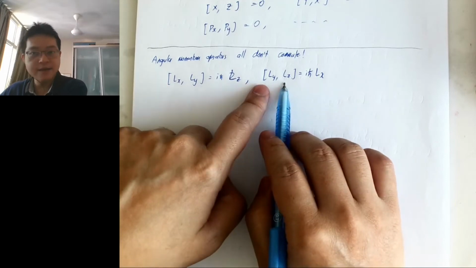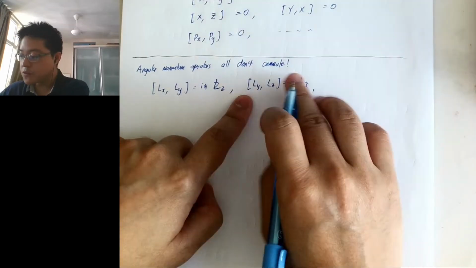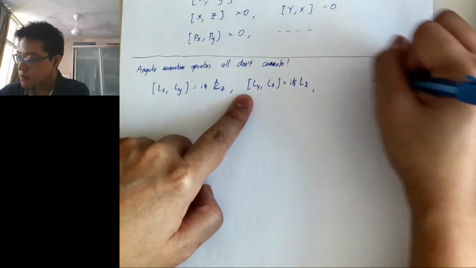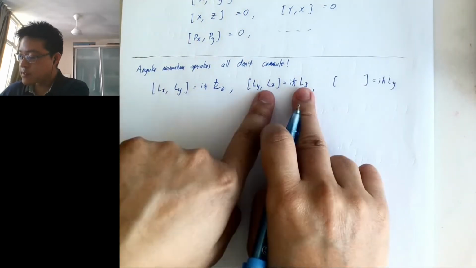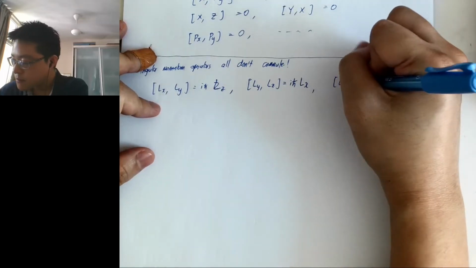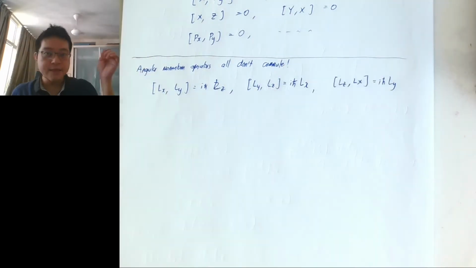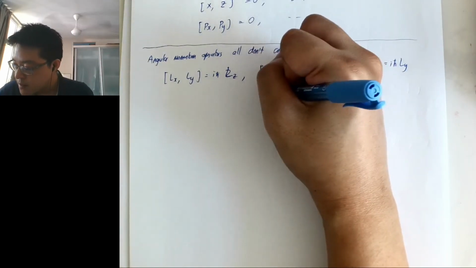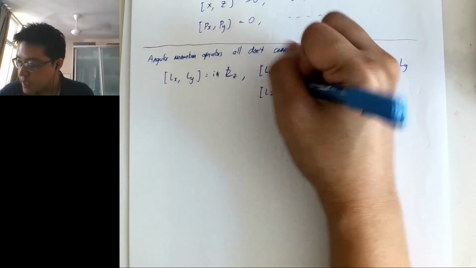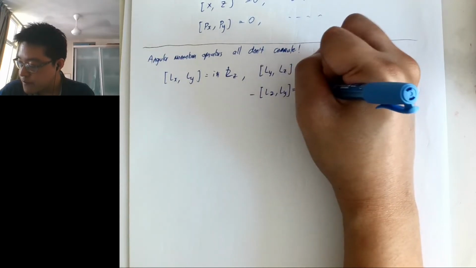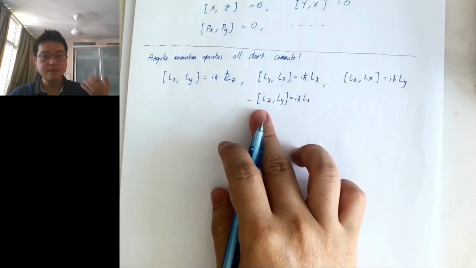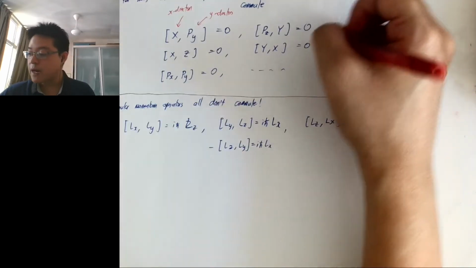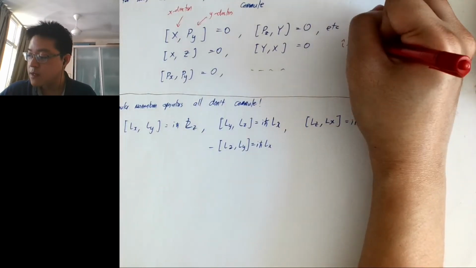So this is Lx, Ly. Then to get the final one, I move the Ly to the back, and then these 2 I shift to the front. The order is important. It must be in this order, because if I put Lz in front, it is the opposite order of the above, so it should be a negative of this.